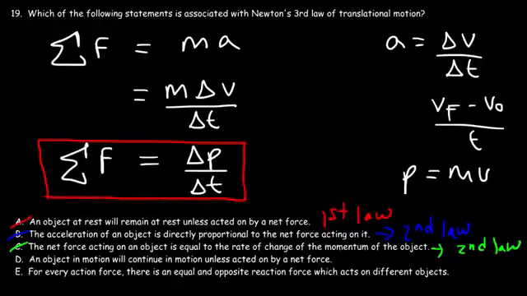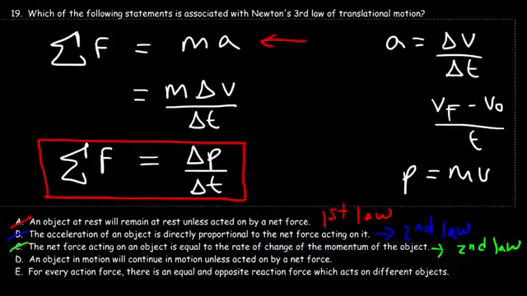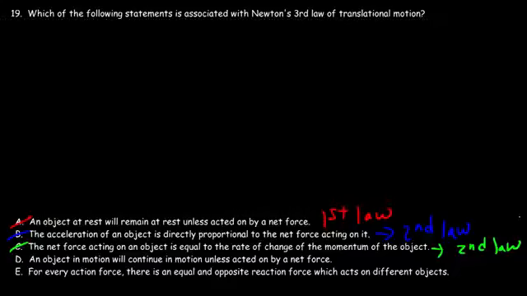So this too is related to Newton's second law of motion. Now what about D? An object at rest, or rather an object in motion, will continue in motion unless acted on by net force. That's associated with Newton's first law of motion.